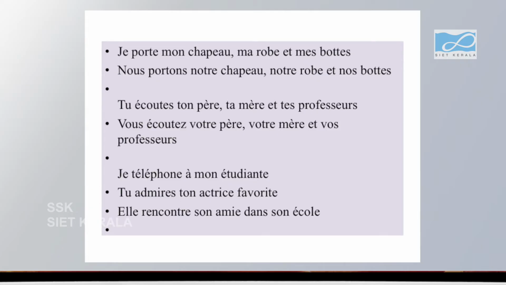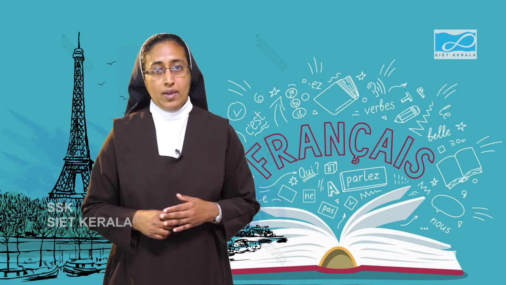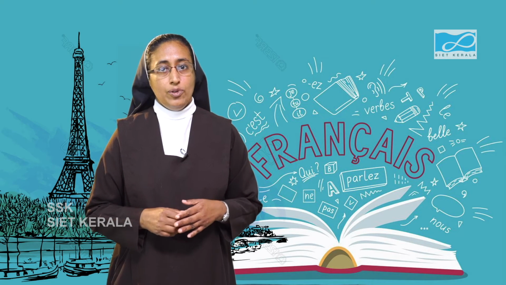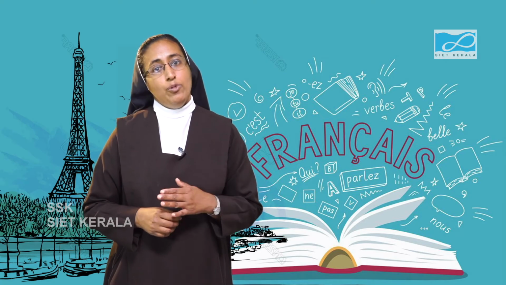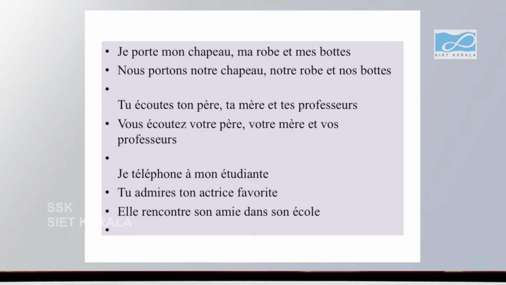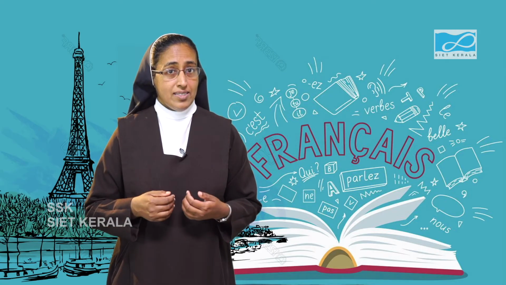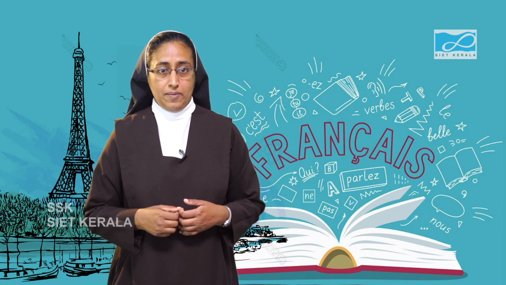So it goes nous portons notre chapeau. Feminine singular is also notre, so notre robe. Et, we don't change it into plural, it's the same spelling, and the plural form becomes nos bottes. So nous portons notre chapeau, notre robe et nos bottes. So we are wearing our hat, our dress, and our boots.